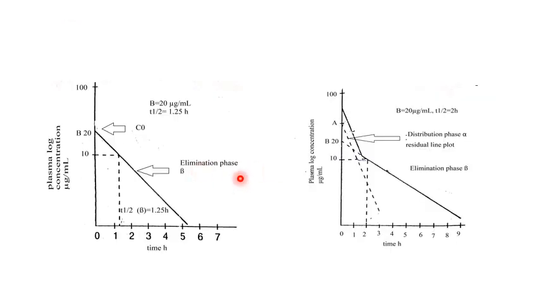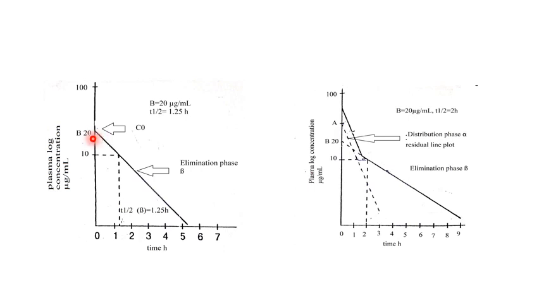So let us now discuss the area under curve in case of one compartment model and two compartment model. Now we have defined area under curve, that it is calculated by dividing the y-intercept with the slope. Now this is the y-intercept and this is the slope, as we have discussed previously. The y-intercept is basically the point of the maximum concentration of a drug in the body. So whenever we extrapolate this curve towards the y-axis, the point where it meets the y-axis is called the intercept.